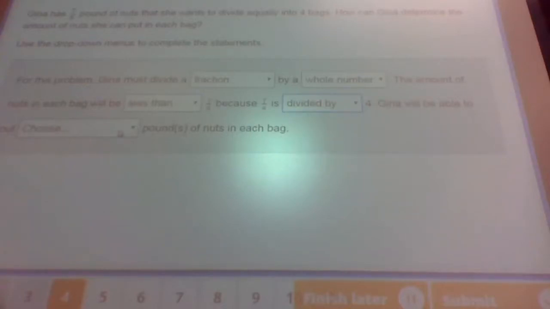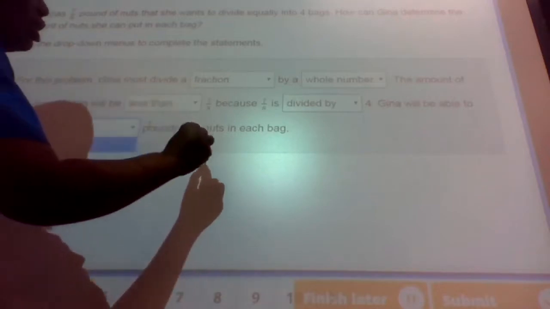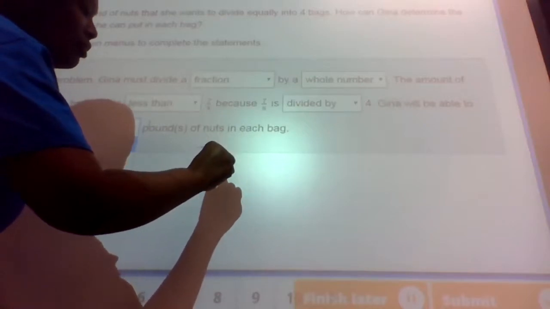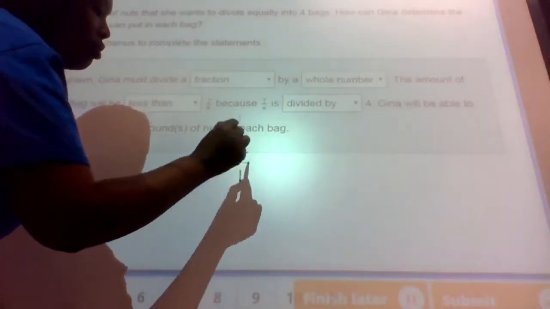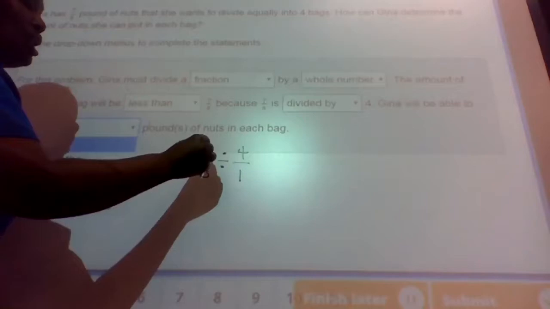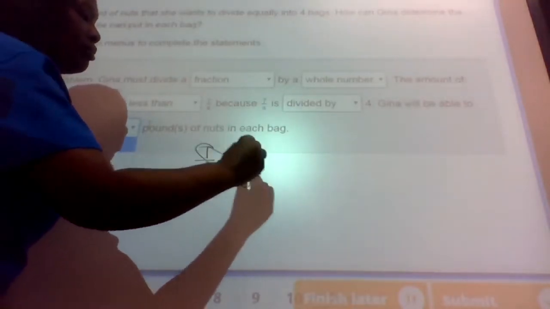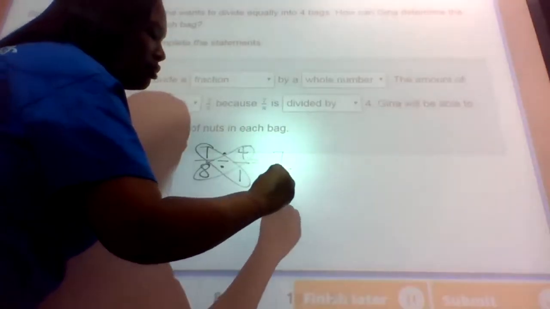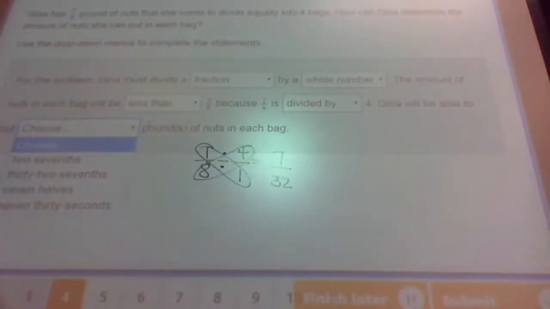So if we got a fraction and we're gonna divide it by a whole number, aren't we gonna get a smaller fraction? All right, so 7/8 divided by 4 over 1. All right, so that is 7 times 1. 7. And 4 times 8. 32. So that's your answer. 7/32.